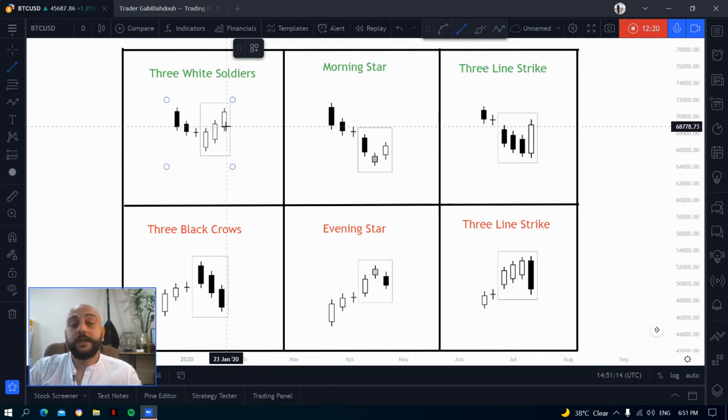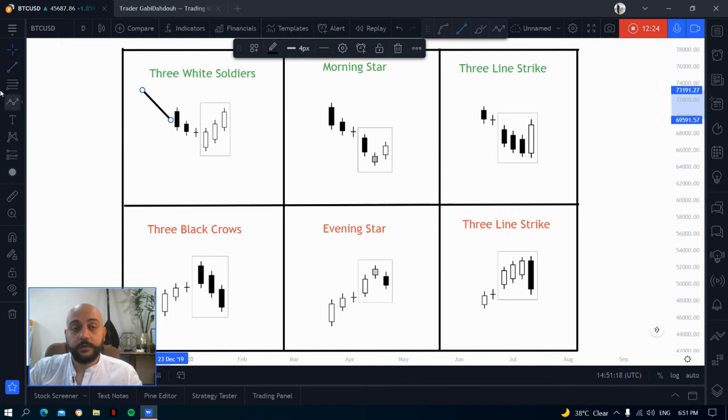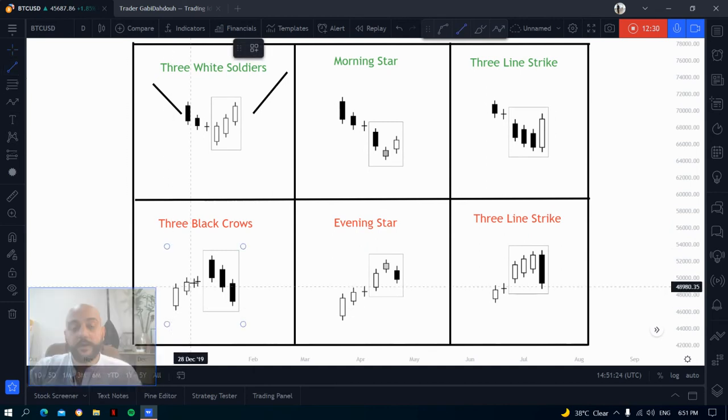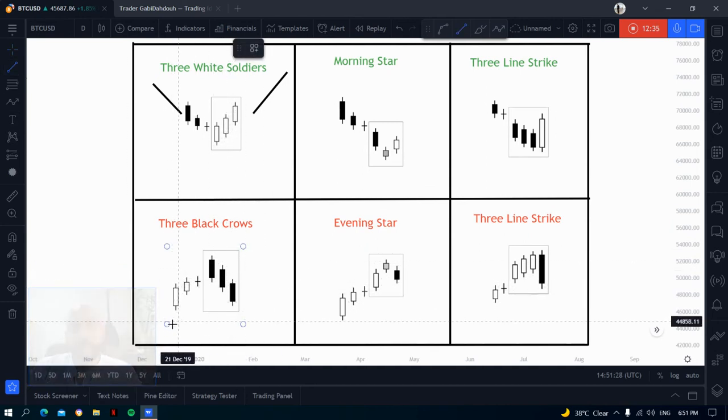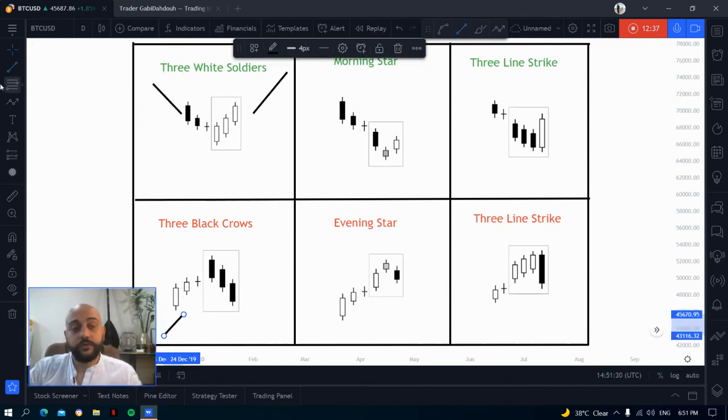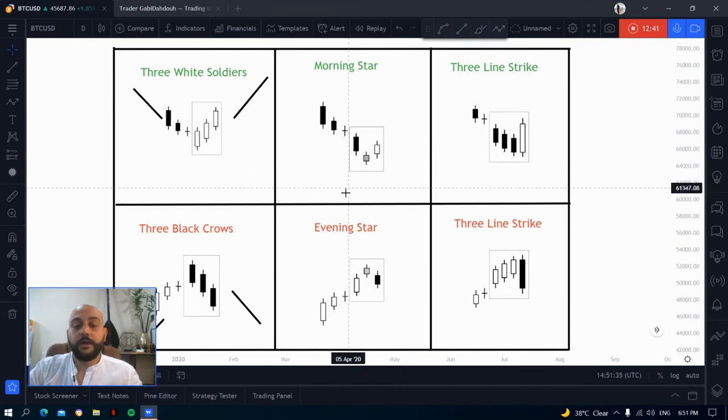It basically is a very strong signal that the trend is changing from bearish to bullish. So three black crows is the opposite. We have an uptrend, and we have three black candles, which represent that the market is changing from bullish to bearish.